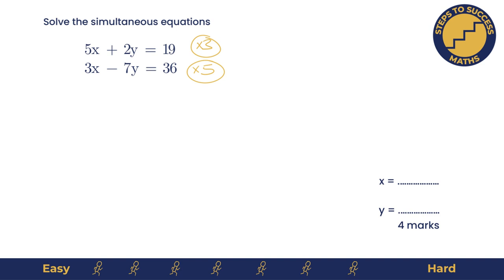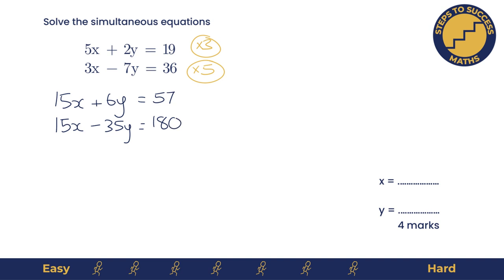So 15x plus 6y is equal to 19 times 3. So 19 times 3 is 57. Now we need to multiply the second equation by 5. 15x minus 35y is 180.